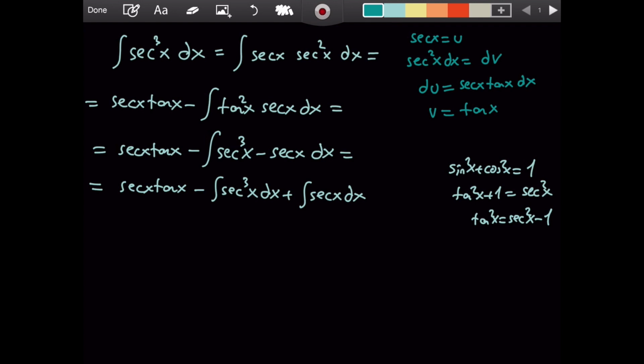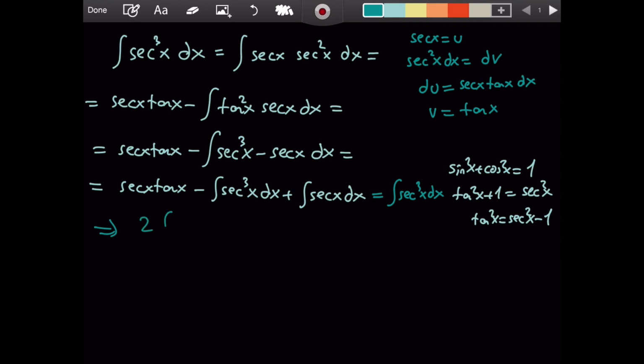And now you should see what is happening. Look at this. This is equal to this part, right, isn't it? But I will write it here as well so that it will be more apparent what I'm doing. Now, if I add this integral to both sides, which is what we're trying to find, what happens then?